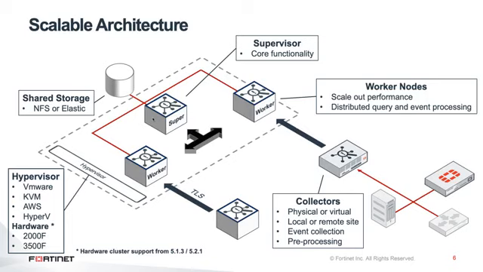So you would choose what type of database you're going to use, whether it's NFS or Elastic, and then you start deploying what we call worker nodes. And these worker nodes, you can deploy as many of these as needed to support your performance requirements. And then what we're actually doing once we define these is forming a cluster.